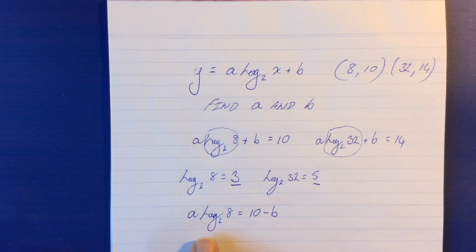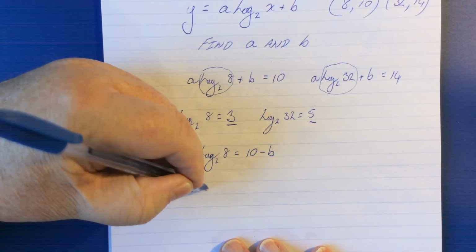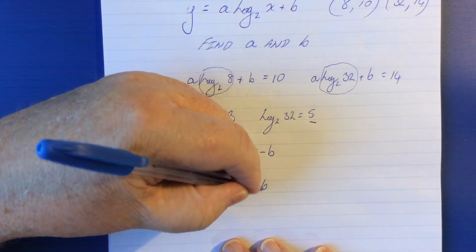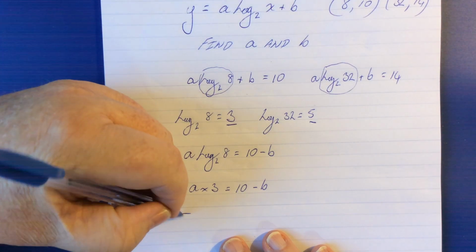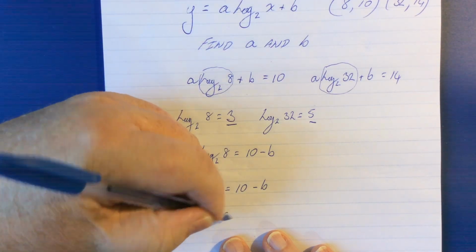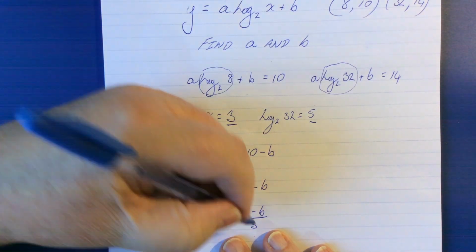Now, I can take this value here, 3, and place it in here instead of log in base 2 of 8. So I shall do that. And what I get is a times 3 is equal to 10 minus b. And from that, I can deduce that a is equal to (10 minus b) over 3.